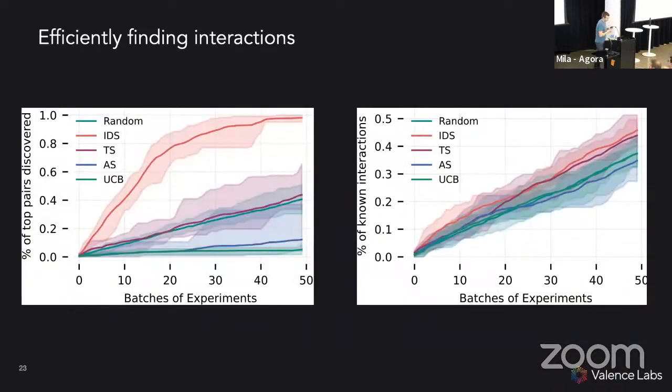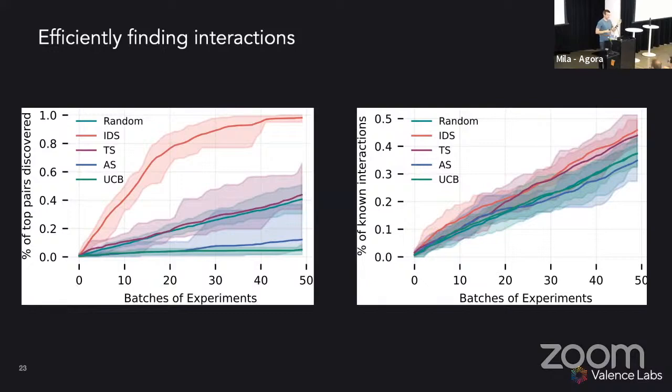Using this approach, we can very efficiently find interactions under our metric, right? This on the left here, we're looking at the percentage of the highest interacting pairs that we found over rounds of experimentation, right?